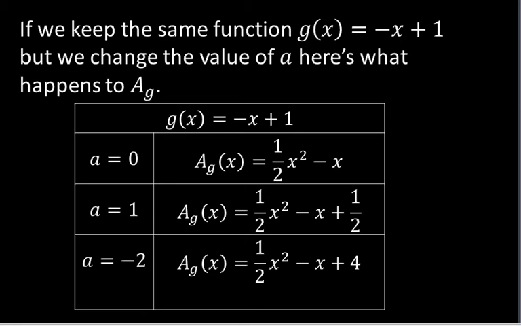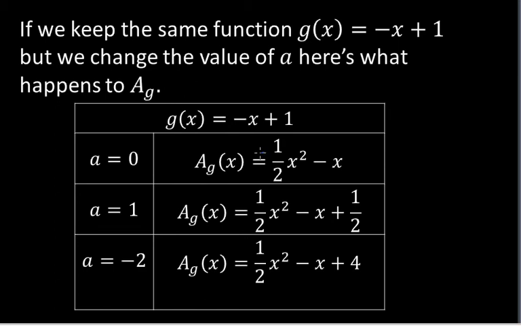And we saw that in each case, we came up with a formula for the area function, and in each case we came up with a function that, when differentiated, gave us the integrand. In other words, an antiderivative of g of x. Notice here, if a is 0, a is 1, a is negative 2, we come up with each time an area function whose derivative is minus x plus 1.